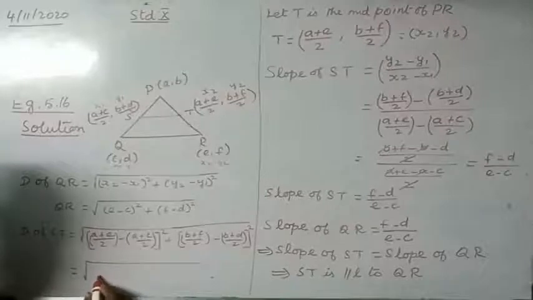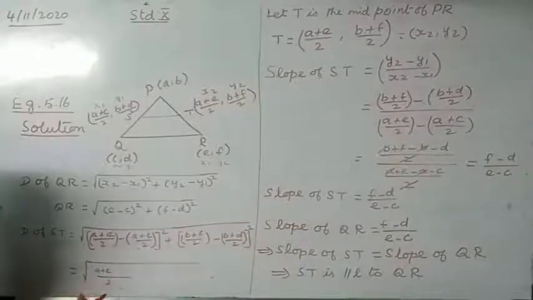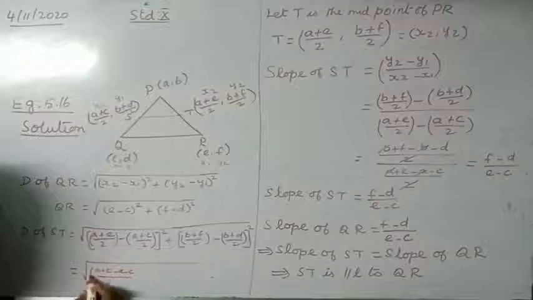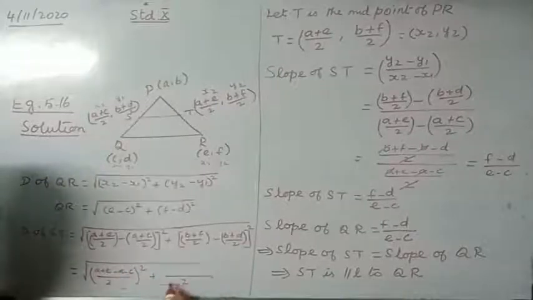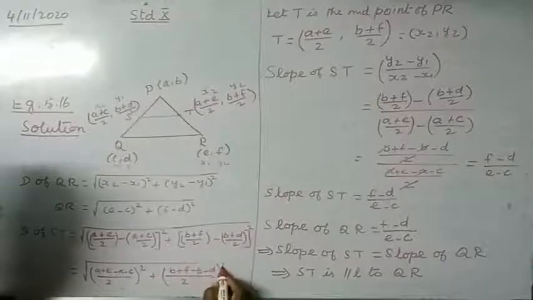We can take the LCM inside itself. So it is a plus e. Here we have solved, so similarly we can solve here. a plus e minus a minus c the whole square plus, take the LCM here, b plus f minus b minus d, take it inside, the whole square.